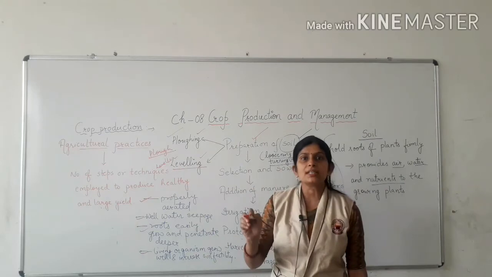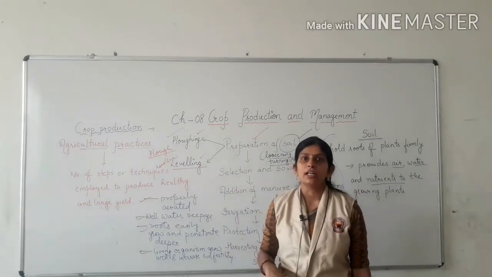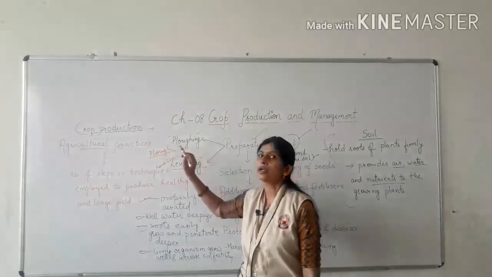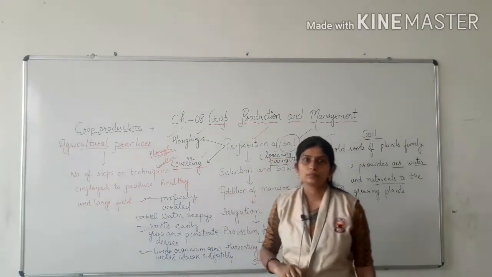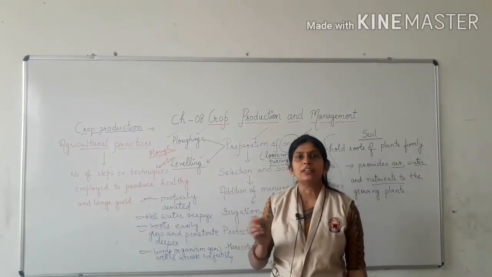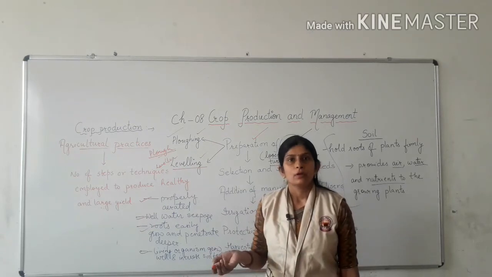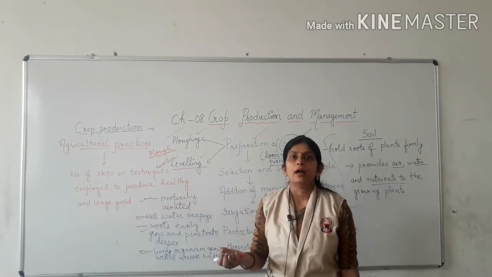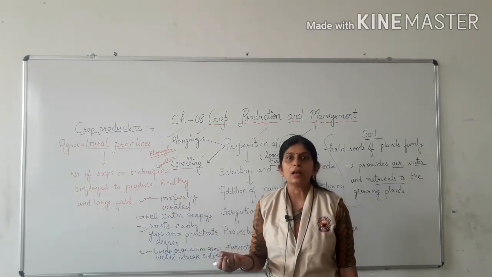actually loosens and turns the soil with the help of a tool or implement called a plow, which is made of either wood or iron, and pulled or drawn by cattle or tractor.